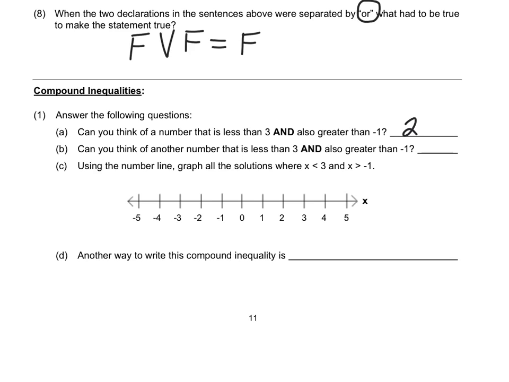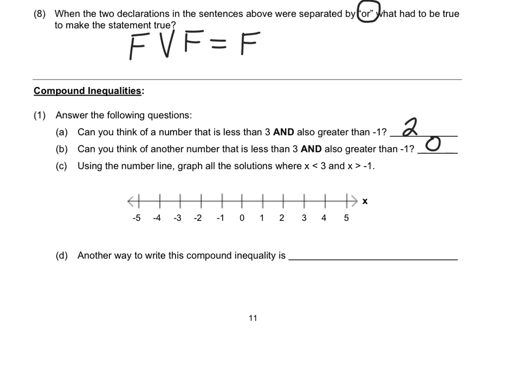Now, a number that is less than 3 and also greater than -1, so we're going the other way, right? Oh wait, no, this is actually the same thing. So 0. I was thinking of a different question, sorry. Yeah, you have a bunch of possibilities, right? You could also say 1, 1.5, 1.42, -0.5, -0.25, a lot of possibilities.